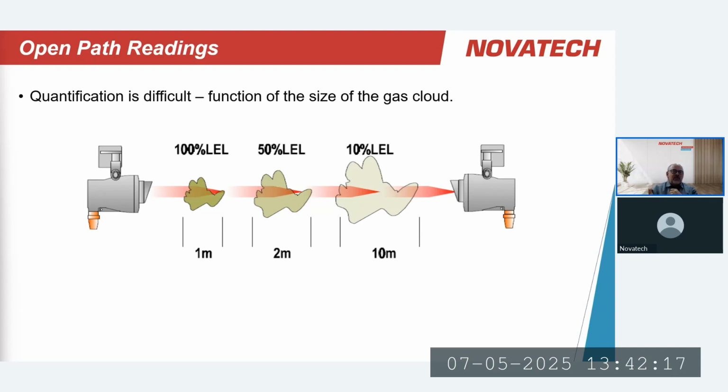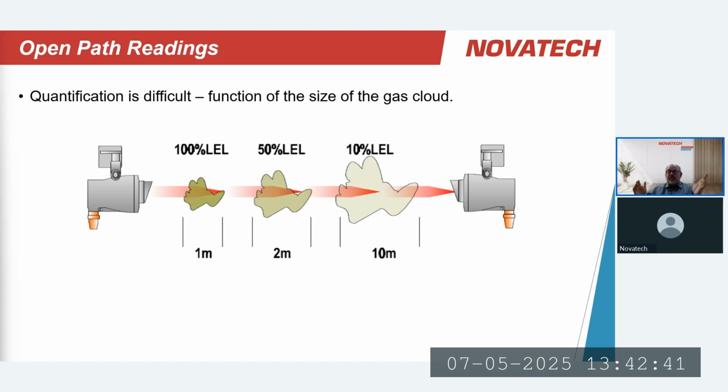So if I have 50% LEL methane, which is 2.5% methane in air, then I assume that that's what the concentration is throughout that cell, and therefore that is the concentration at that point. With an open path gas detector, if I have these things 100 meters apart, I don't know where the cloud of gas is, and I don't know how big it is.